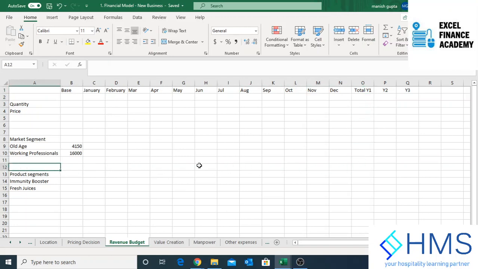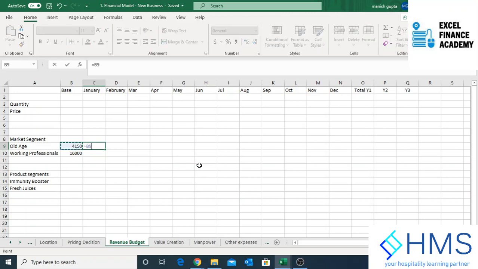So now, of this total footfall, when you start the business you will not be able to capture 100% of this market, right? So you have to identify gradually how much of this you will be able to capture each month, and this is per day. You will not be able to serve this entire market in one day, right? So you need to identify, okay, in the first month let's say I will be able to capture 10% of this.